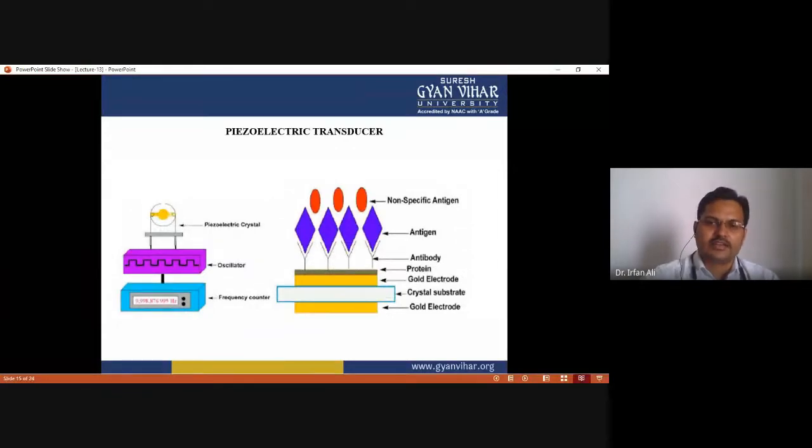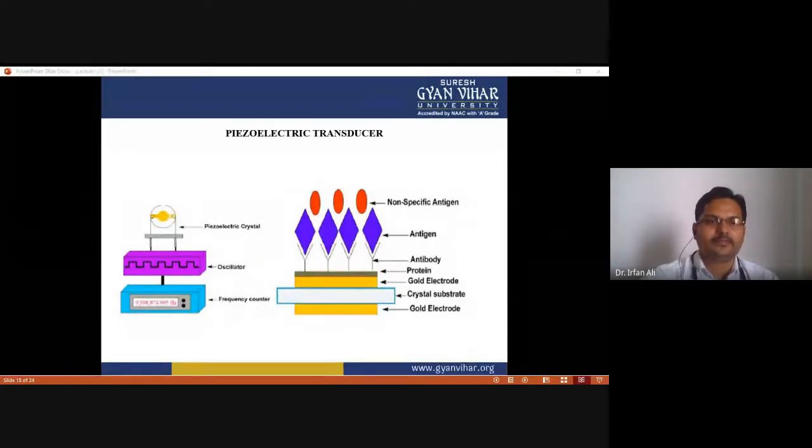And the next one is the piezoelectric transducer. This piezoelectric transducer is the one that converts changes in the pressure or mass to an electrical field. As you see in the figure, the piezoelectric transducer behaves like a sensor. It is made up of piezoelectric material, like quartz.